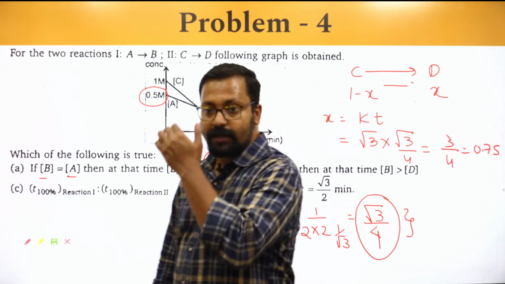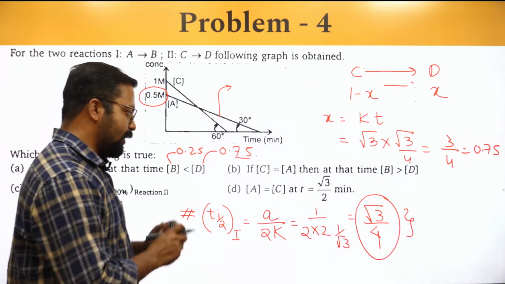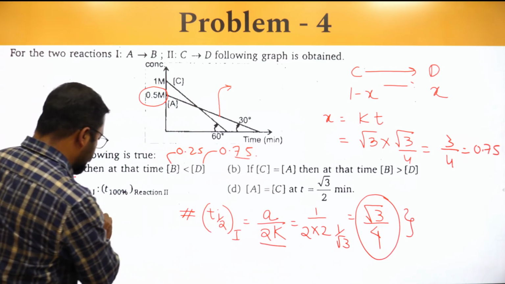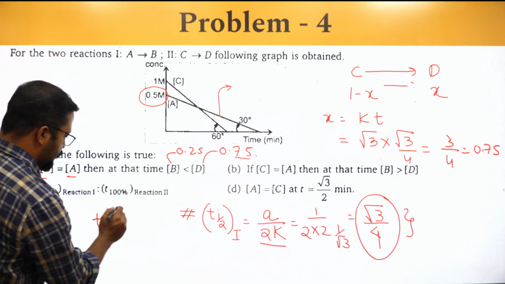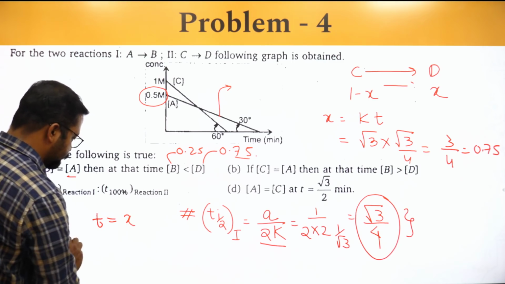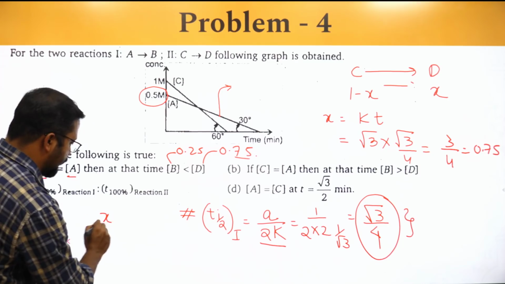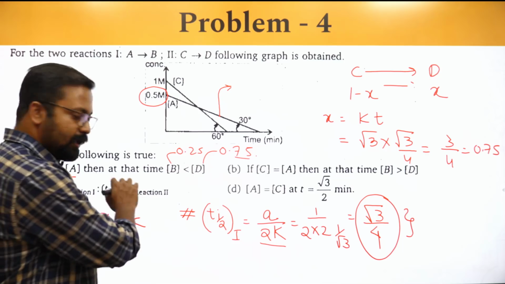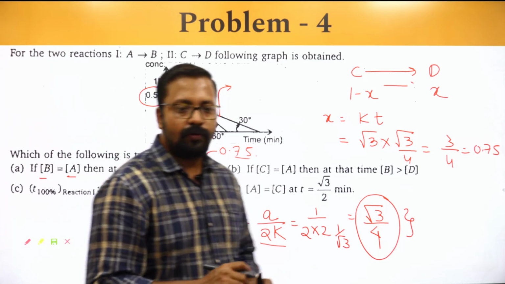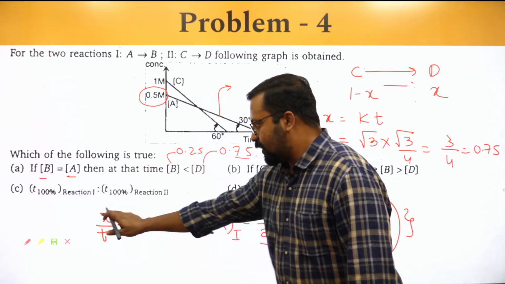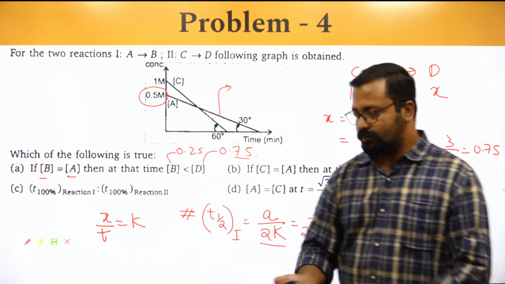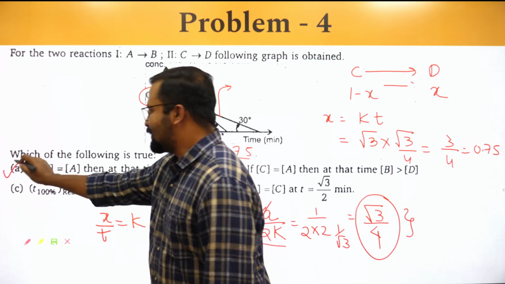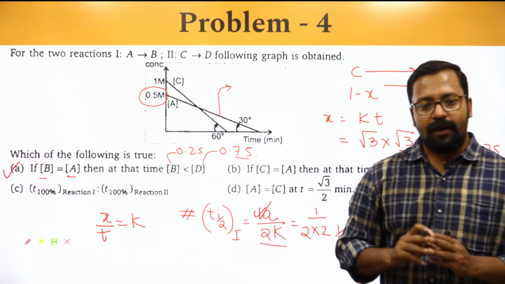T half for a zero order reaction is A by 2k, because x by t is equal to k, and if we write x as a by 2, then t will become a by 2k. So this formula should be known to you guys. So the first statement is correct.